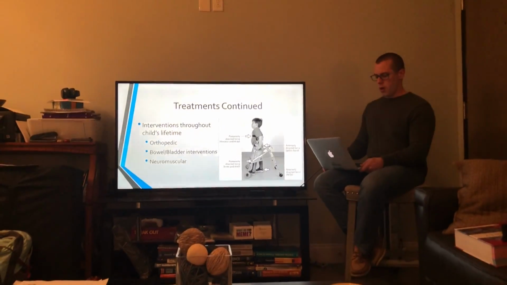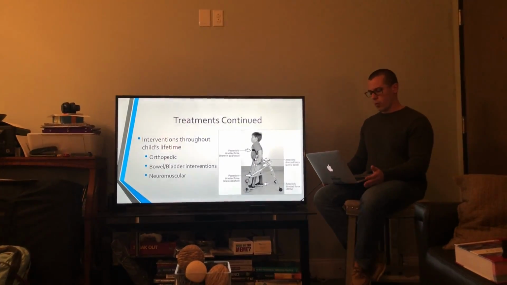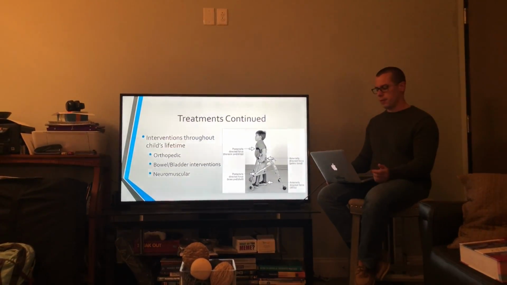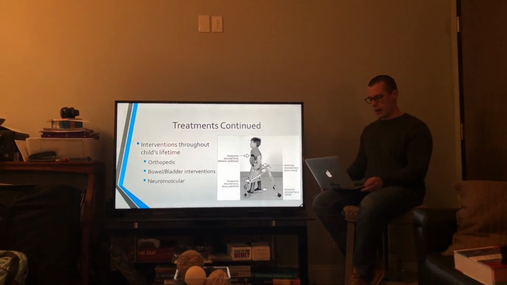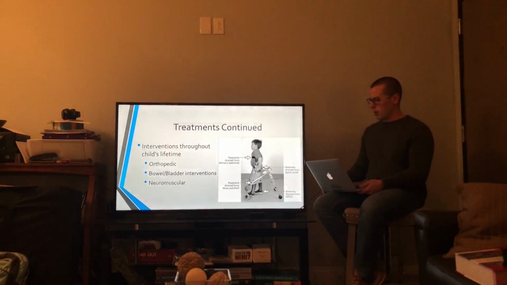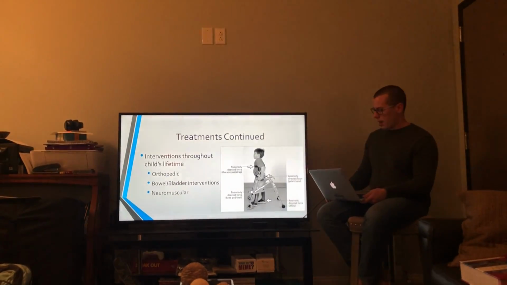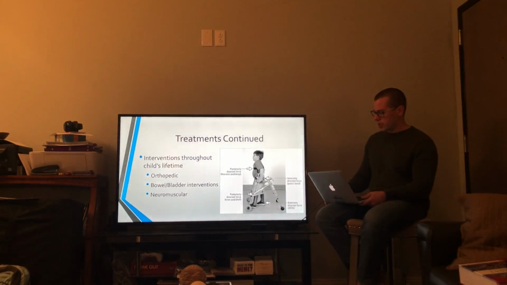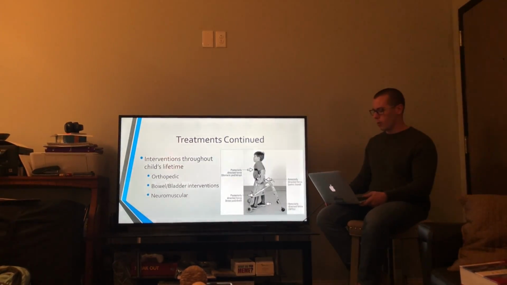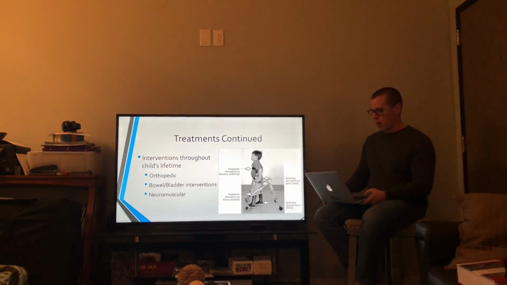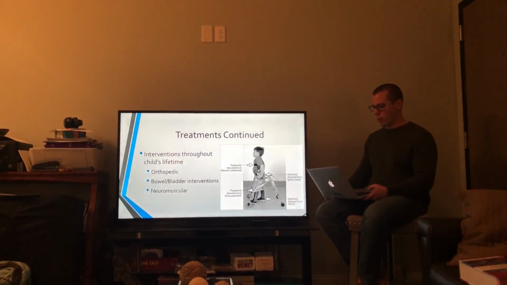So there are various treatments throughout the child's life. You have orthopedic, bowel and bladder interventions, and neuromuscular. And this is a reciprocating gait orthosis right here, and it's one of the most common for spina bifida.